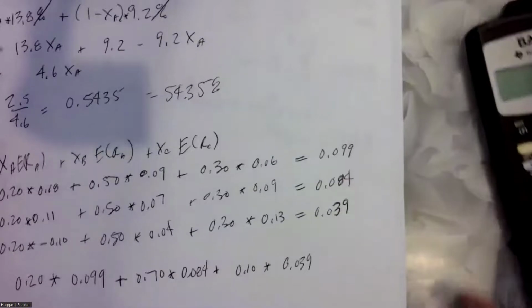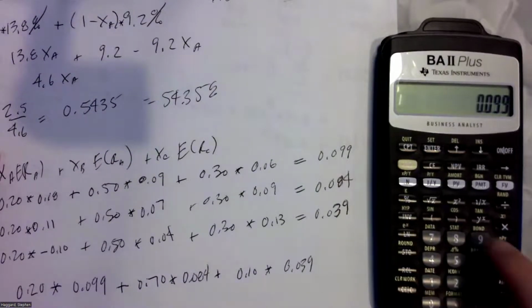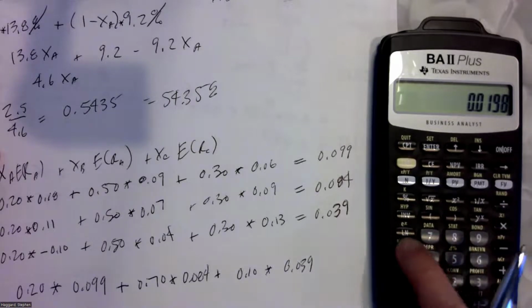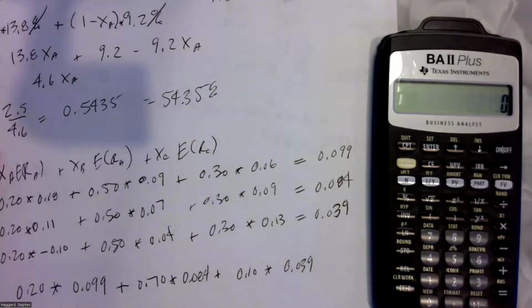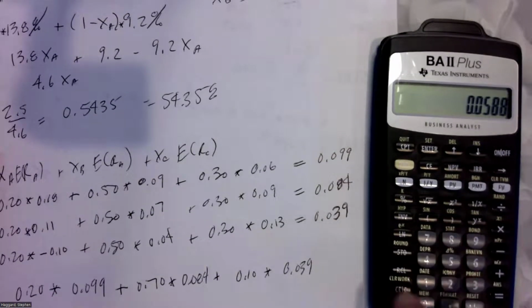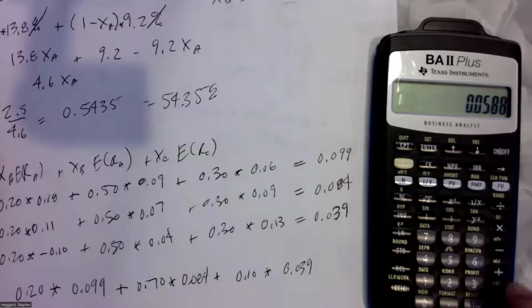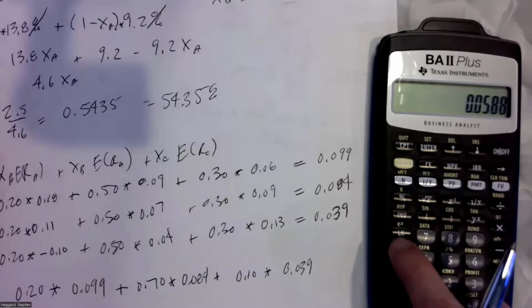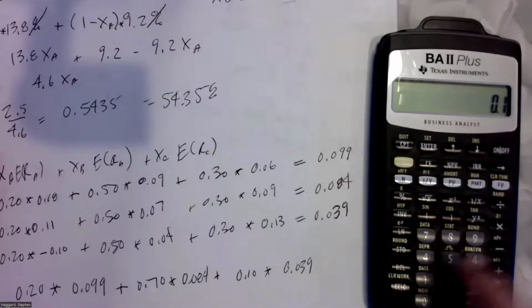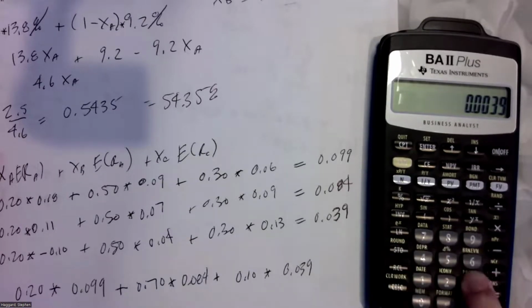So now I can go through and say 0.2 times 0.099 equals store 1. 0.7 times 0.084 equals store 2. Make sure I got that one right. 0.7 times 0.084. Okay. And then 0.1 times 0.039 equals store 3.